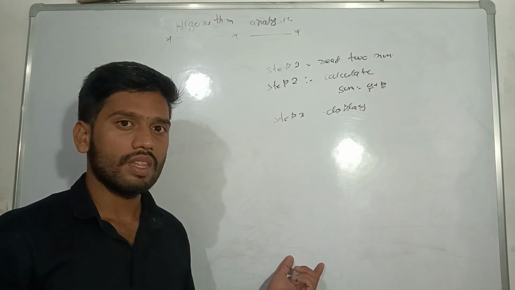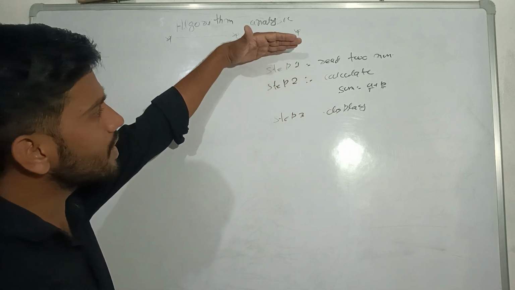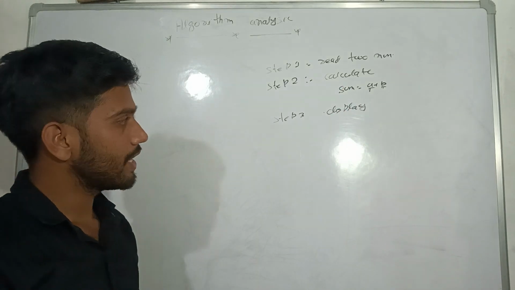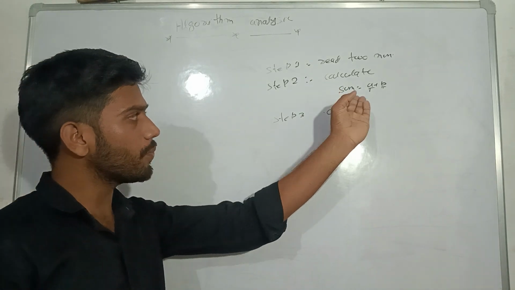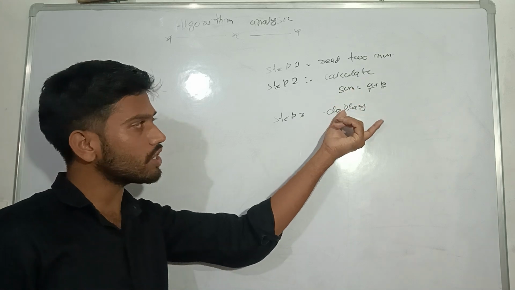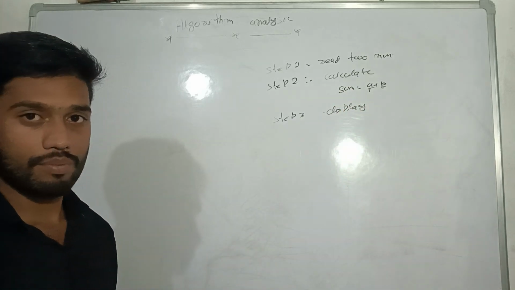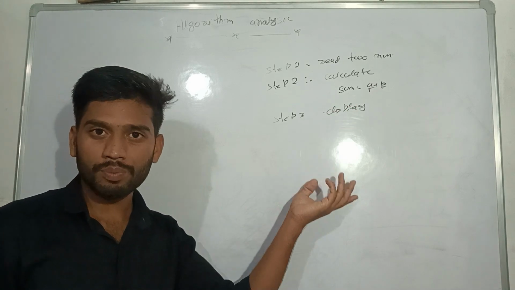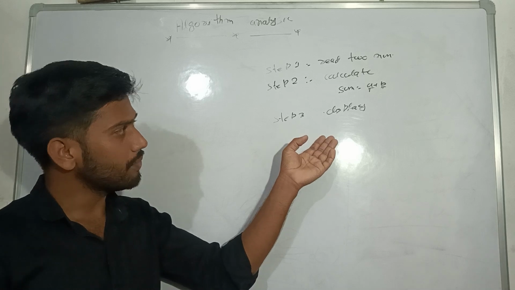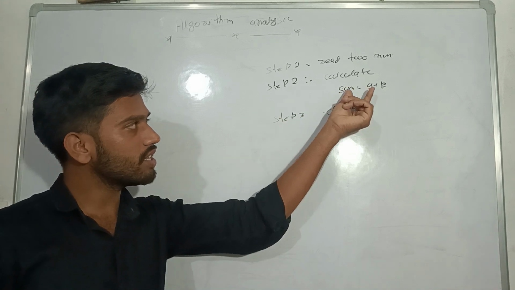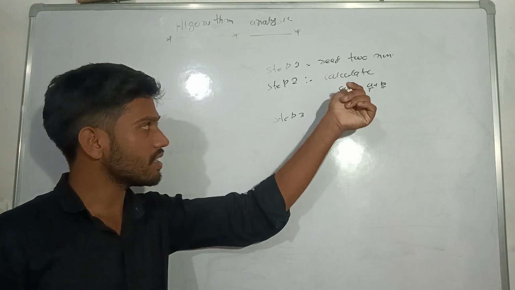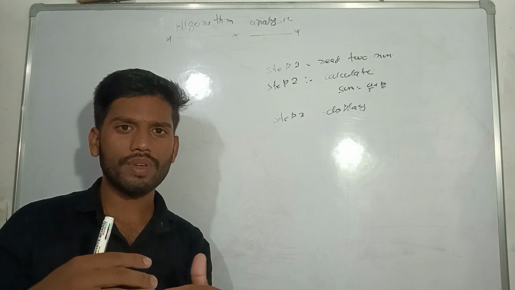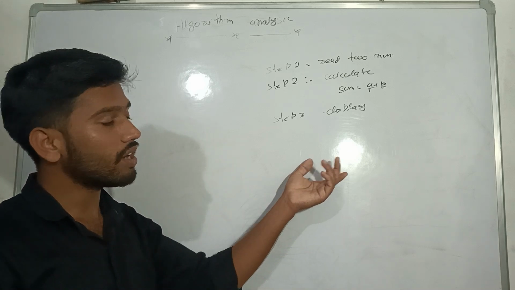And the second one is output. When we have solved the approach to find the sum of two numbers, we have to display this output. Whatever we do to solve any given problem, there will be some output.